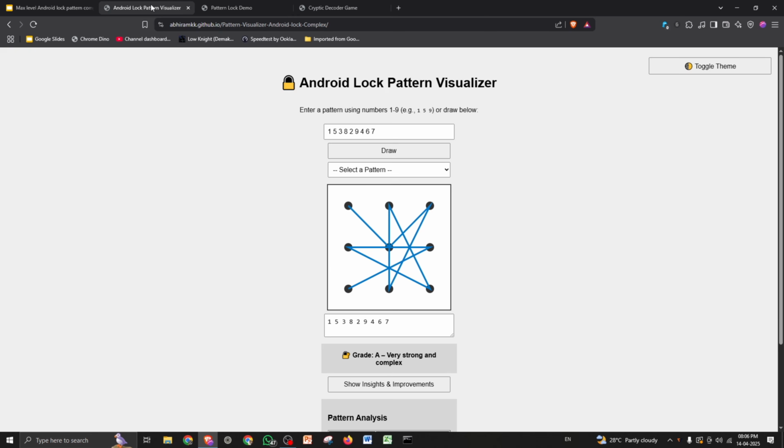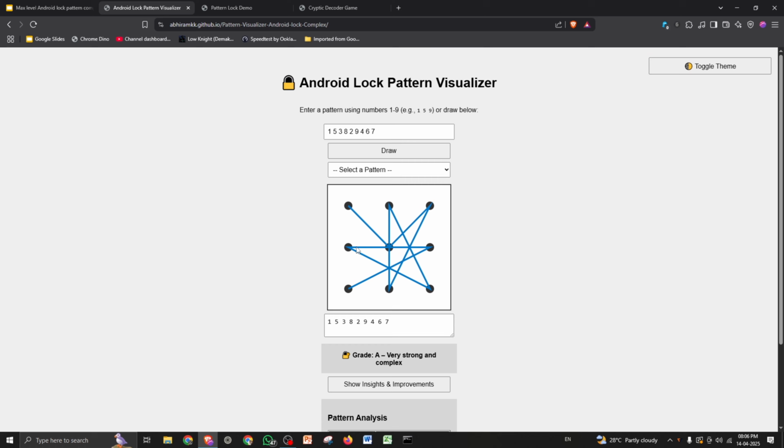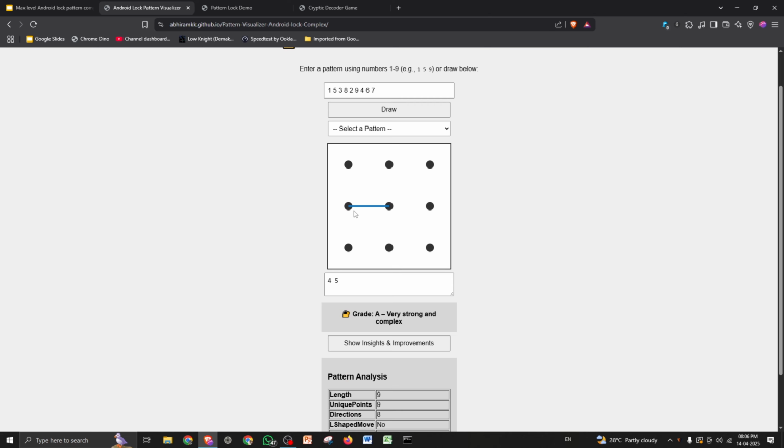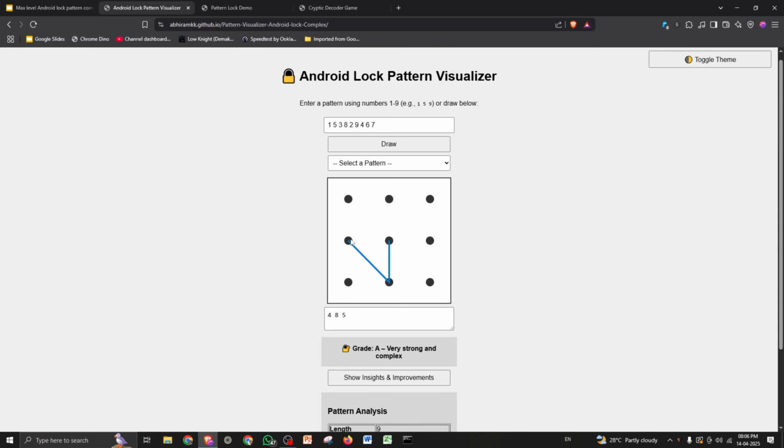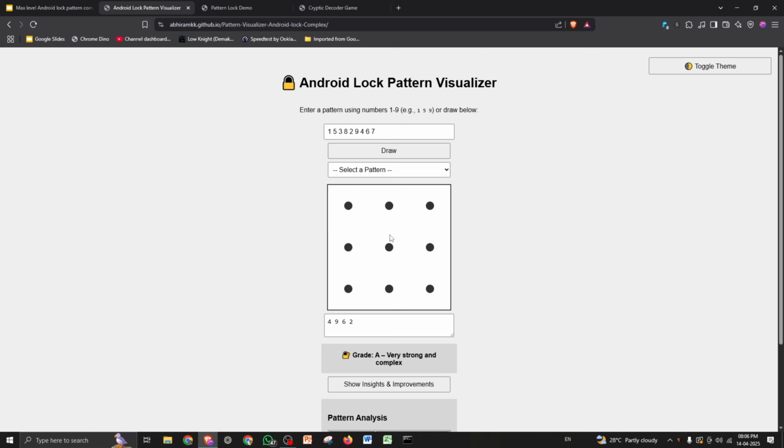Also, I want to show you the highest distance pattern, which goes like, well, what? Oh yeah, I have a scrolling rectangle. This makes this impossible.